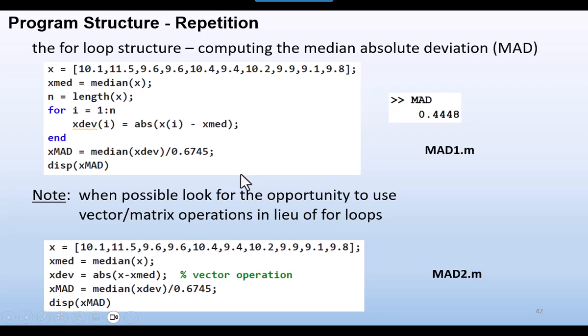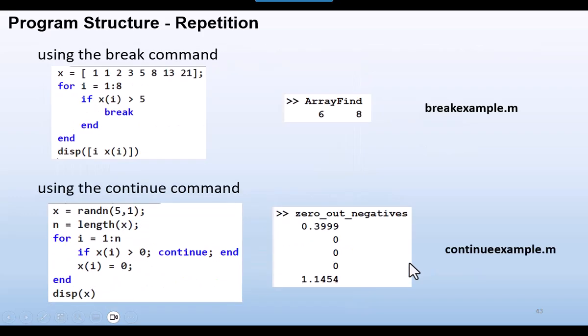And then we emphasized that many times you can collapse this into a simple vector operation using the capabilities of MATLAB and make it much more compact. So instead of these 3 statements, and in fact the n equals statement, we can replace that with a single statement here. Okay? So that was our 2 MAD examples.